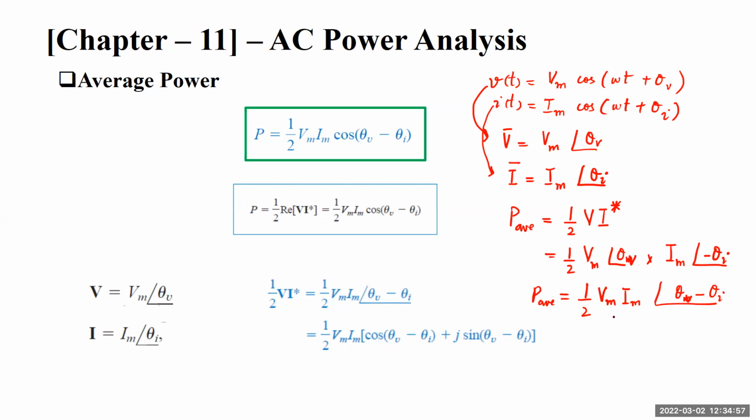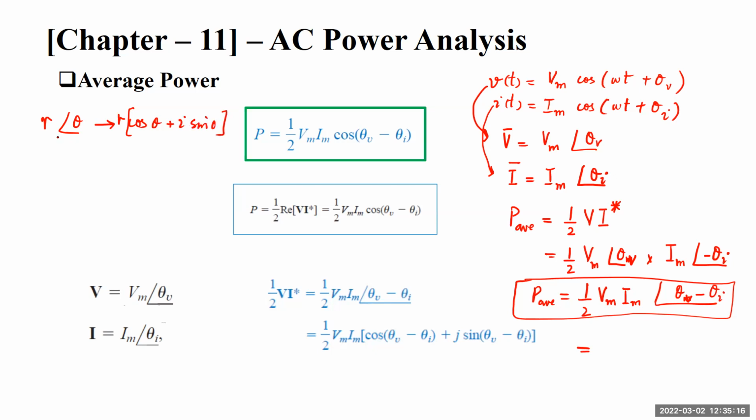But if we know that r angle of theta is also equal to r cos of theta plus j sine of theta, this is the polar form and this is the complex form.